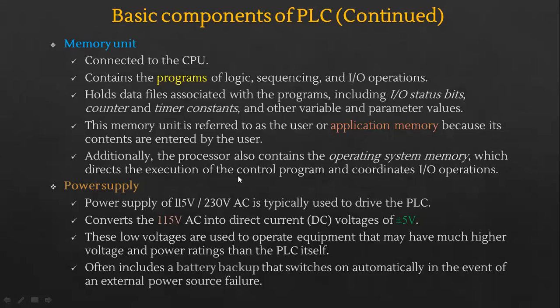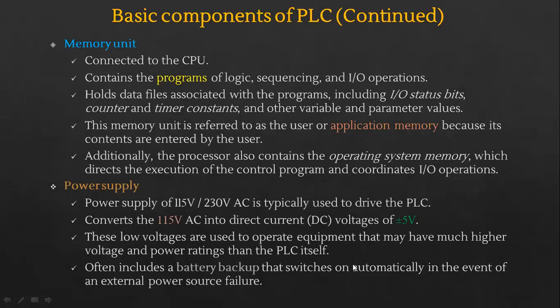The equipment may itself require a higher voltage. That is what is being mentioned, that equipment may have higher voltage and power ratings than the PLC itself. That is why we have the conversion of that AC into DC current, also of very low voltage, as you can see.